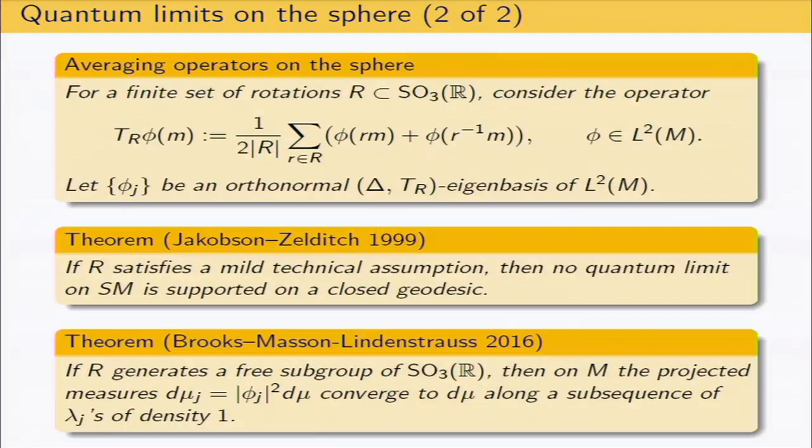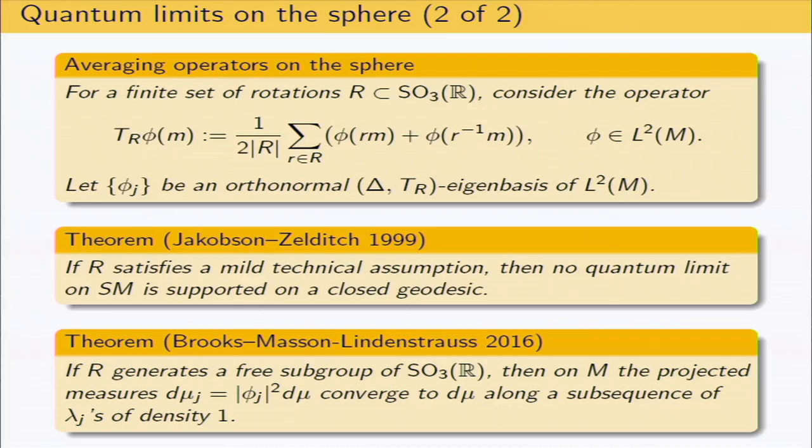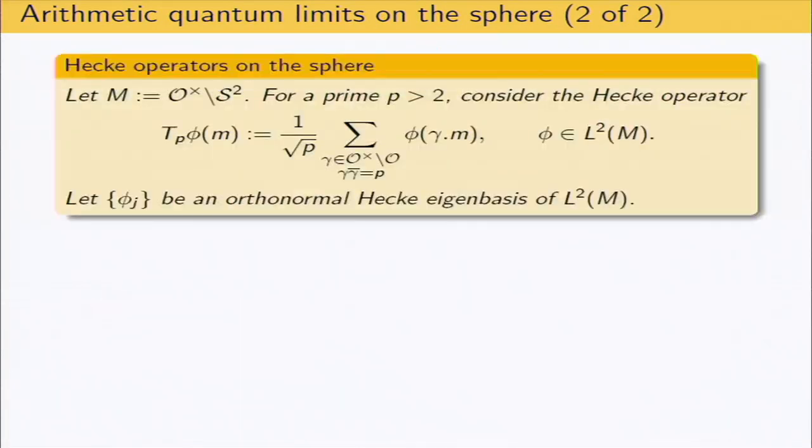Namely, you can arrange these p plus 1 rotations into p plus 1 over 2 pairs of rotations and inverse rotations. And in fact, in that case, the corresponding R, the set of rotations, does generate a free subgroup because of unique factorization in Hurwitz quaternions. So this theorem by Brooks, Masson, and Lindenstrauss can be specialized to a single Hecke operator.